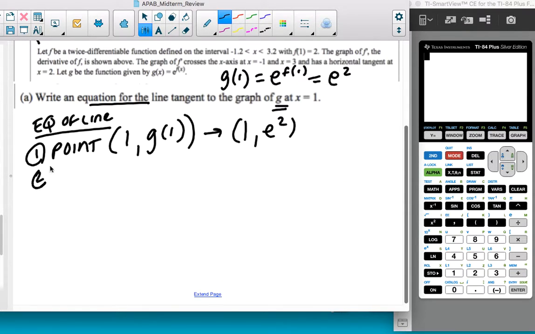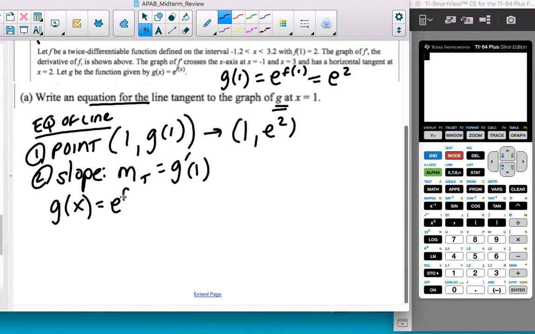The second thing I'm going to need is a slope. My tangent slope is going to be the same as g prime of 1. In order to find that, I really need to find g prime. Since g of x is e to the f of x, my g prime of x is going to need a chain rule. The derivative of e to the stuff is e to the stuff times the derivative of the stuff.